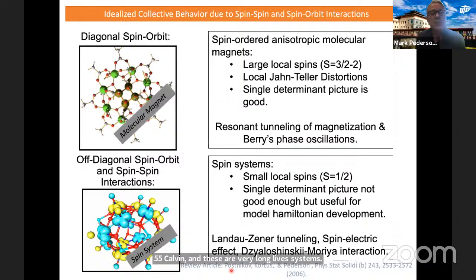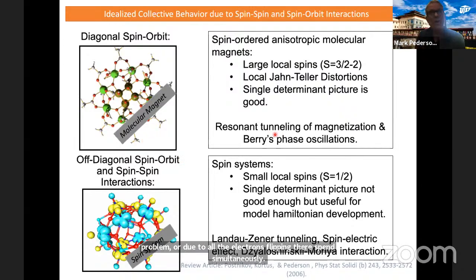Okay, so I said that there were two types of systems. The most classical one, if you will, is a molecular magnet. They tend to be composed of large local spins. You can think of the exchange coupling between different spins as effectively being infinite. Because of that, the lowest excitations in the problem are due to all the electrons flipping their spins simultaneously.